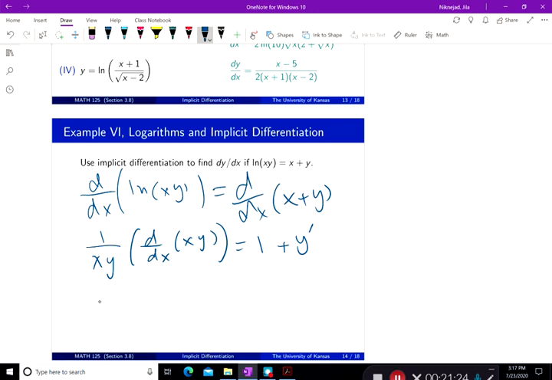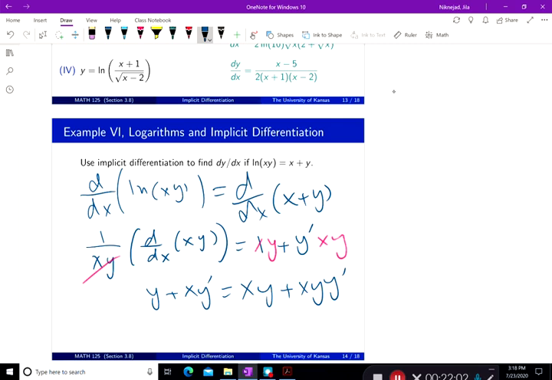Now over here I'm going to multiply xy by both sides, and so it's going to disappear from this side and be on the other side, basically by multiplying it. And then take the derivative of x times y, which is going to be derivative of x, which is 1 times y, plus x times y prime is equal to xy plus xy y prime.